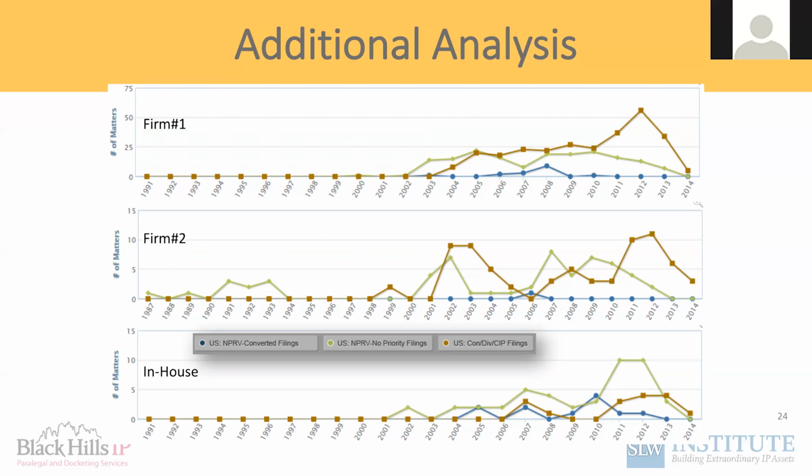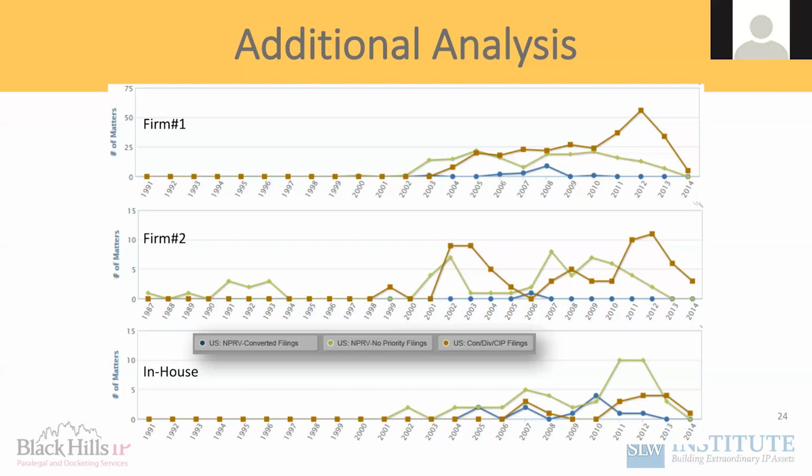This is something that I would want to take a look at because when I bring more cases to be filed in-house, generally that's because we're trying to save costs by keeping the filings internal. But what sometimes can happen is that we see outside counsel pushing more continuations and divisionals in order to maintain a heightened billing level, which is kind of adverse to my plan of cutting costs.